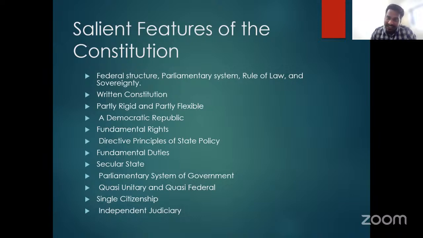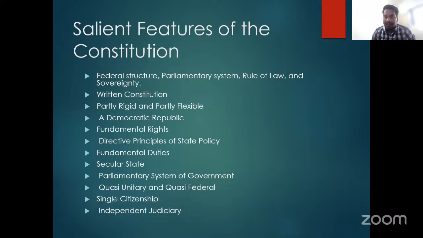How can we say it is quasi-federal and quasi-unitary? The explanation is we have a written Constitution, supremacy of the Constitution, rigidity of the Constitution, two governments, that is central government and state government. We have division of powers between the legislative, executive, and judiciary. Then we have bicameralism and an independent judiciary. All this makes us quasi-federal and quasi-unitary.